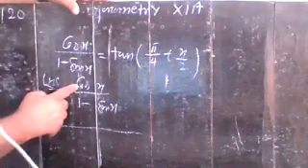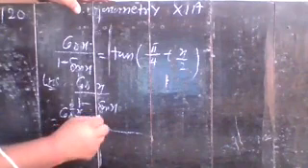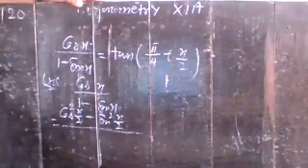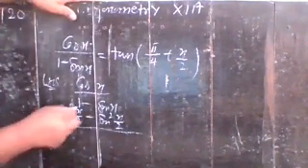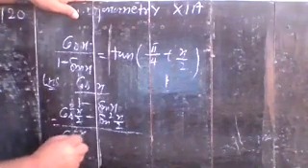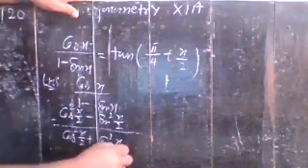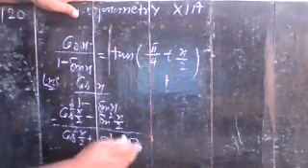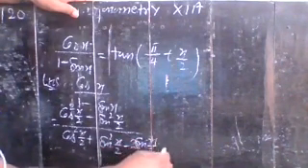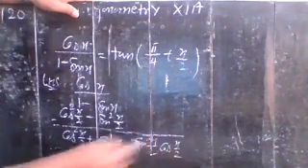So you can write cos square x by 2 minus sin square x by 2, and in place of 1 in the denominator you write cos square x by 2 plus sin square x by 2, and minus sin x is minus 2 sin x by 2 cos x by 2.